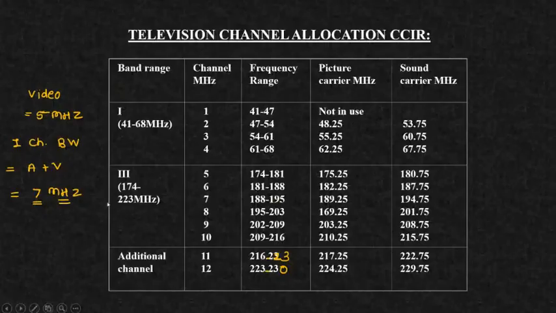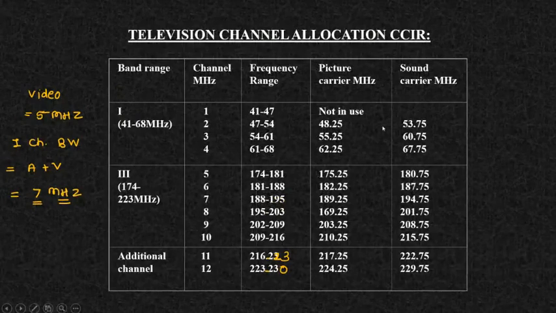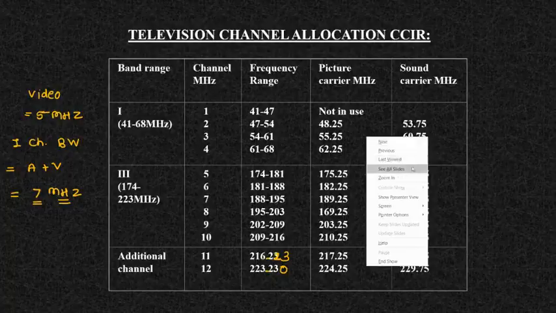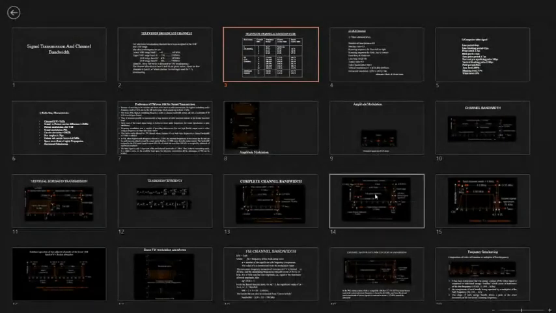Okay, so if you see here, I have already given you these things. So at 47 it is 48.25, 53.75, again 61 to 60. Similarly, your picture carrier is 1.25 plus the starting point, and your sound carrier will be 5.5 added to it. So this is all about what we have seen, okay.